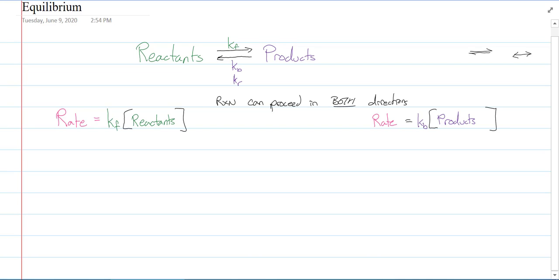So I have a rate law for the forward reaction, and I have a rate law for the backwards reaction. Now, this term equilibrium.